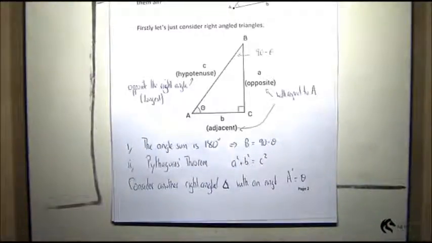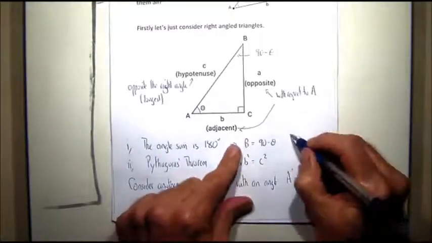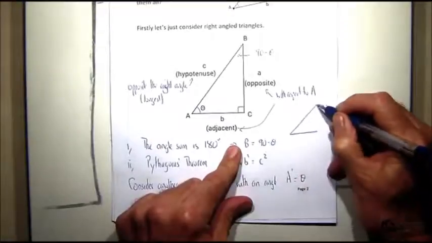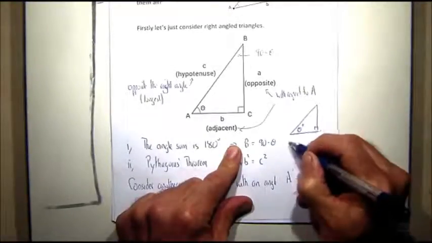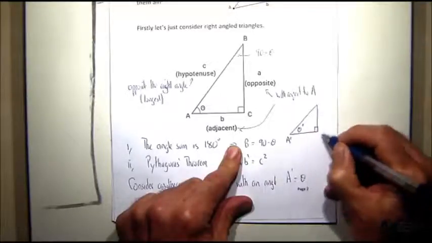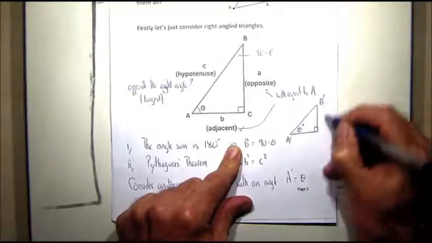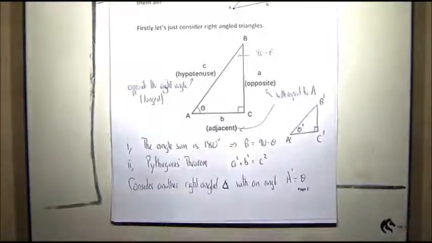I'll draw it here, like that. It's got a right angle, and it's got an angle there that's theta. Let me call this triangle A dash, B dash, C dash.